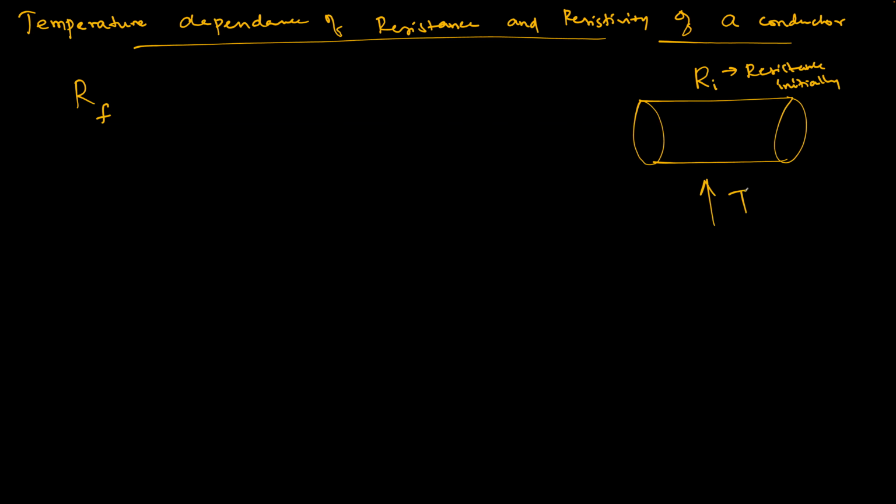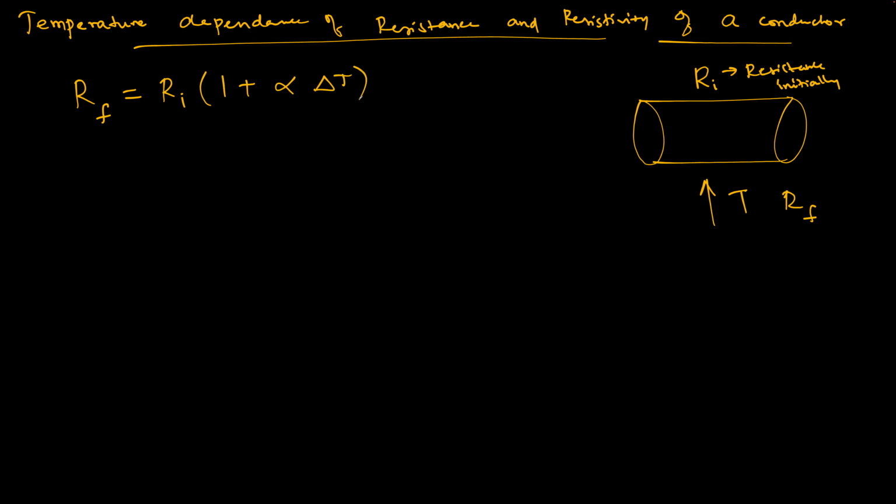After some heat is supplied. Correction here, cannot say temperature is supplied, heat is supplied. After an increase in temperature, let's say its resistance becomes R final. This is for sure. So R final is written as R initial multiplied by 1 plus alpha into delta T.